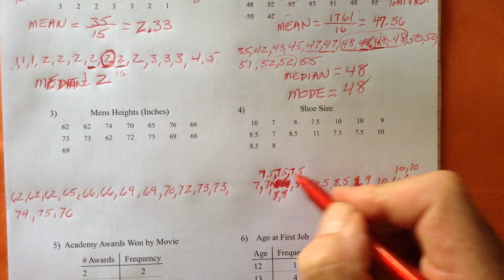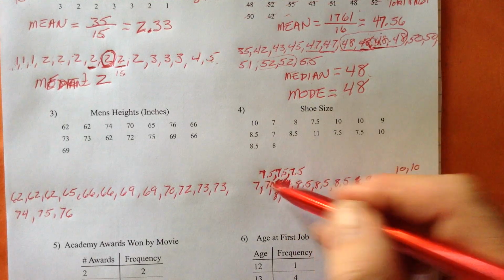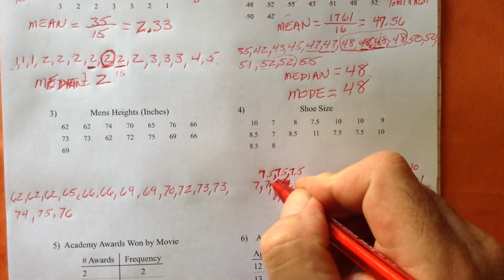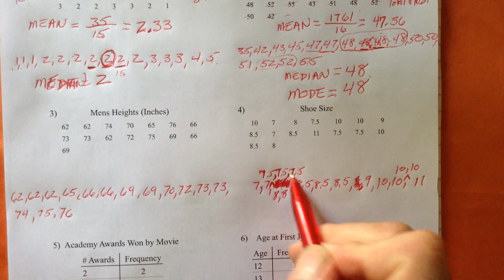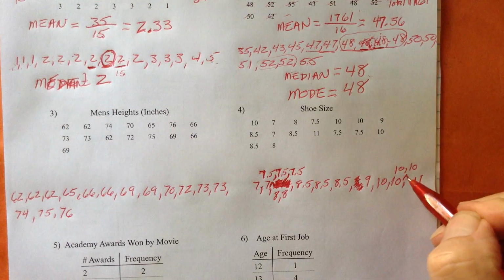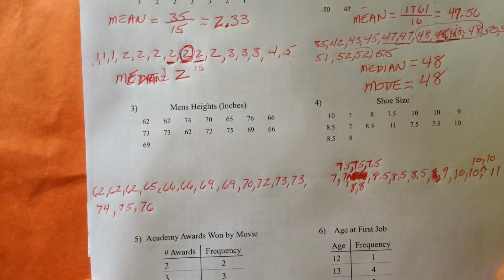I missed those, so I had to put them up here, and then I had the 8s. It would have been easier if I didn't do it in pen. I could have erased these and moved them over. That's what this arrow is: it shows that these are up here, then the 8s, and then it continues on. I did the same thing here with the 10s. But let's go back to number 3.